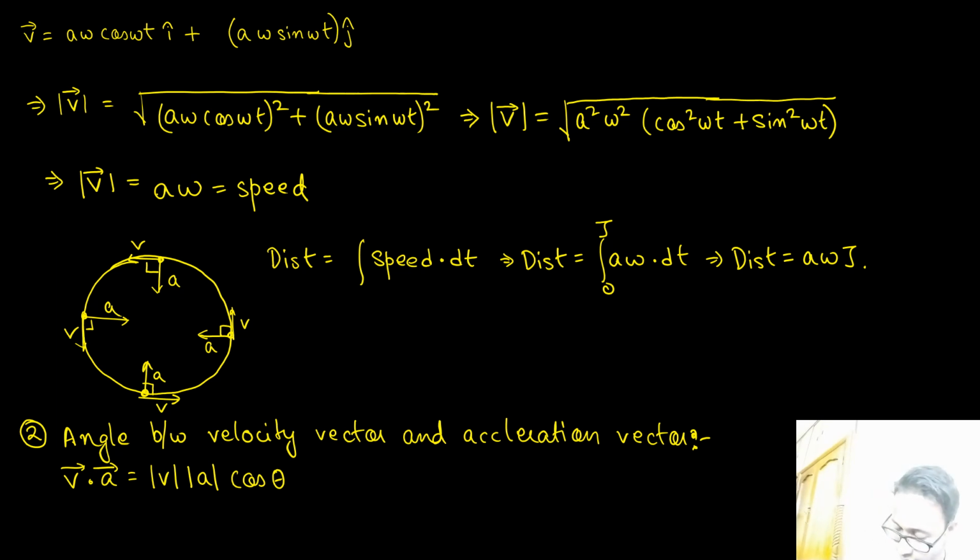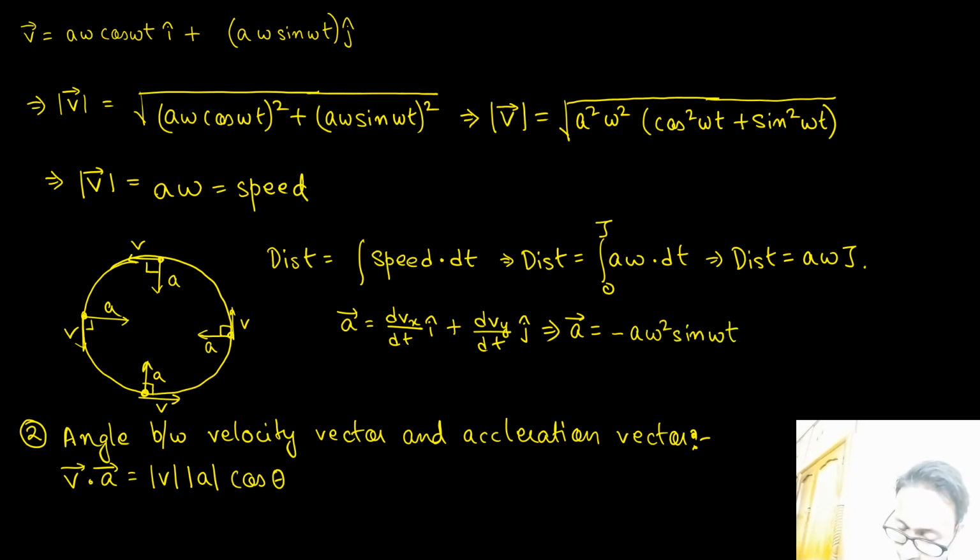What's the value of a? I need to find a also. So the a vector is nothing but dvx by dt i plus dvy by dt j. The x component of velocity is this one, and when we differentiate it with respect to time, we get a is equal to minus a omega square sine omega t i.